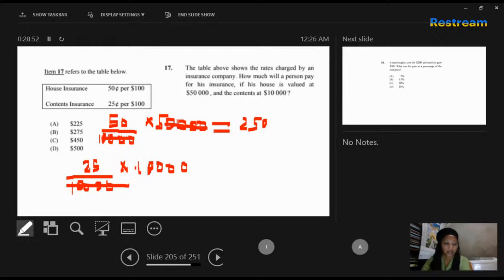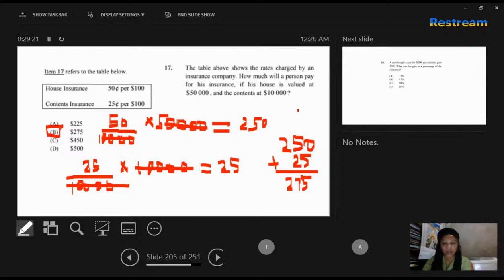So that cancels. How much is it then? $275. So it will be 250 plus 25. Letter, $903. Sometimes you forget to tell me the letter.